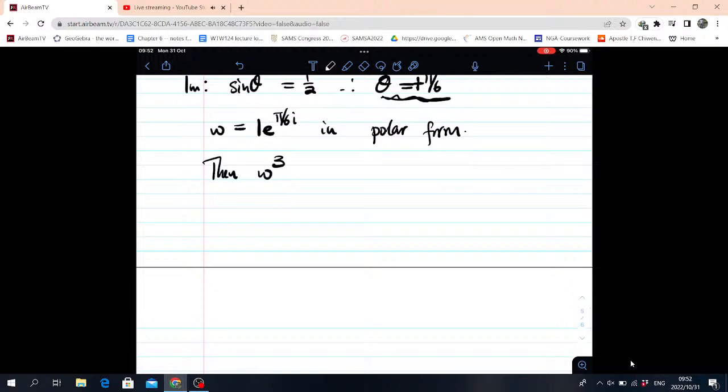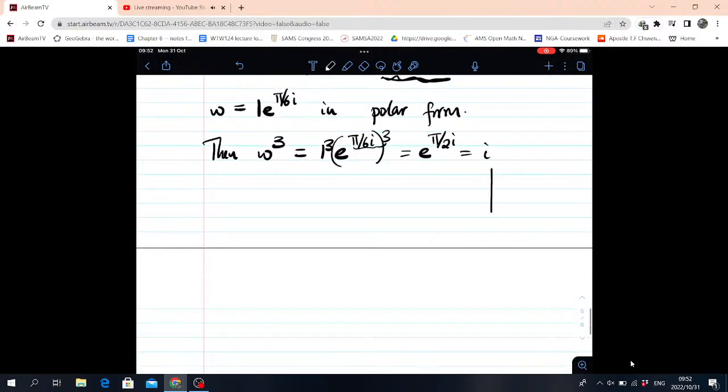Right. And what happens? So we say W to the power 3 is going to be equal to 1 to the power 3 times e to the power pi over 6 I, to the power 3, which is just e to the power pi over 2 I, right? If you multiply there, you get pi over 2 I, which is equal to I, if you think about the complex number.